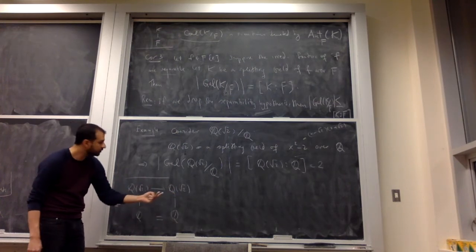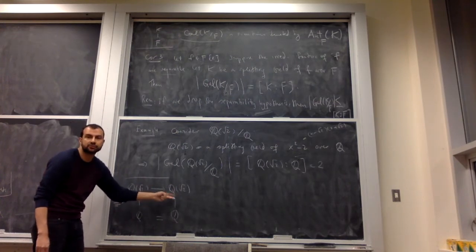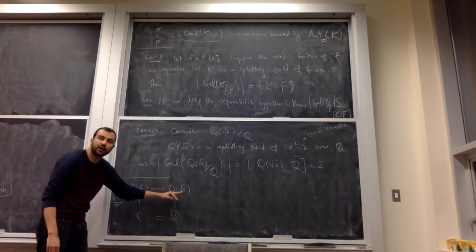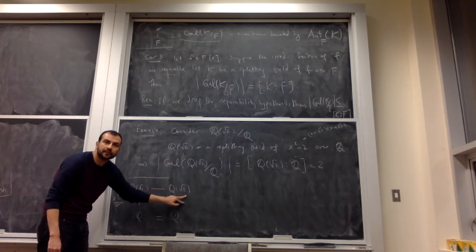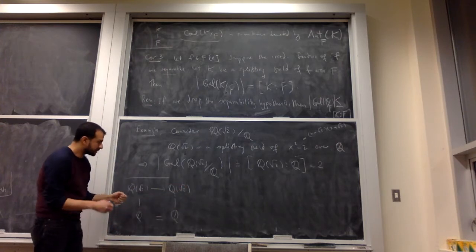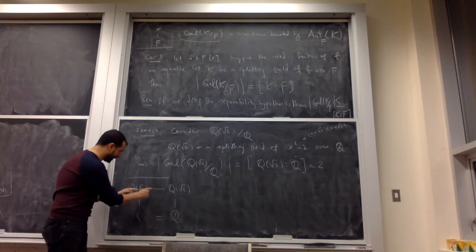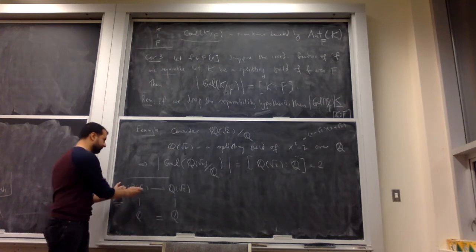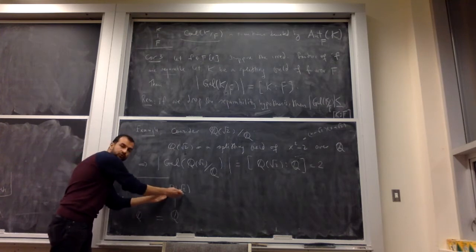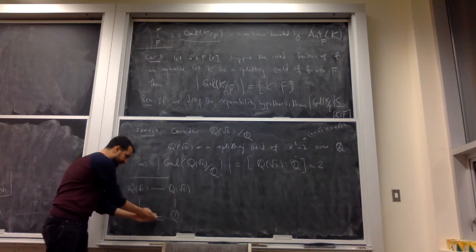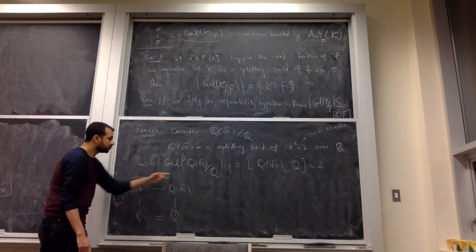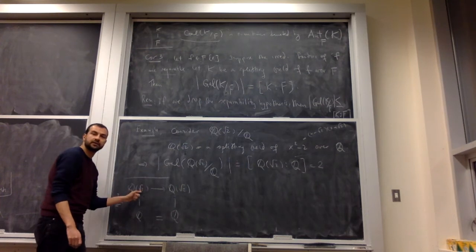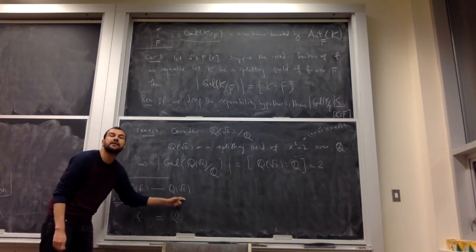Well, it's got 2 roots there, root 2 and minus root 2. You have to send root 2 to one of those 2. And remember, by lemma 50, there's going to be a unique extension, a unique isomorphism from Q adjoint root 2 to Q adjoint root 2, fixing Q, which sends root 2 to root 2, and there's going to be a unique isomorphism which sends root 2 to minus root 2.